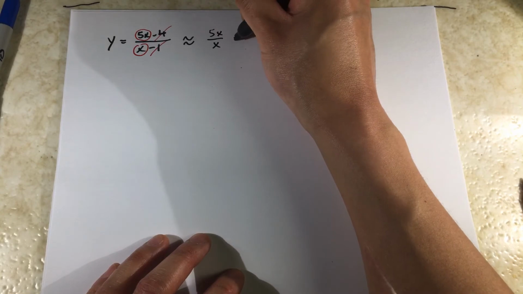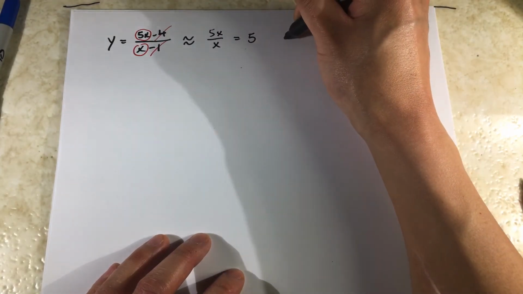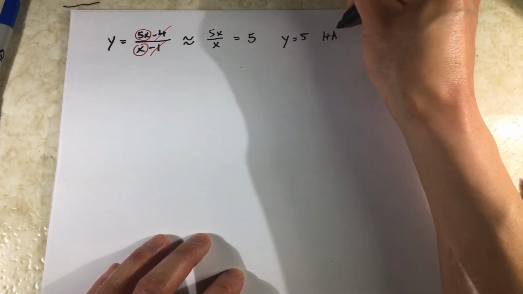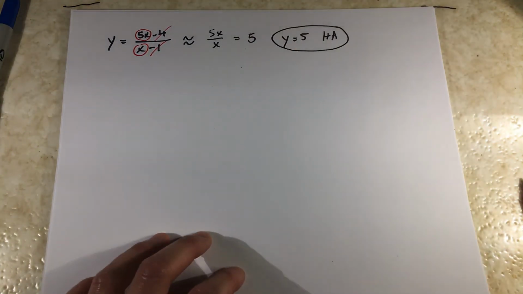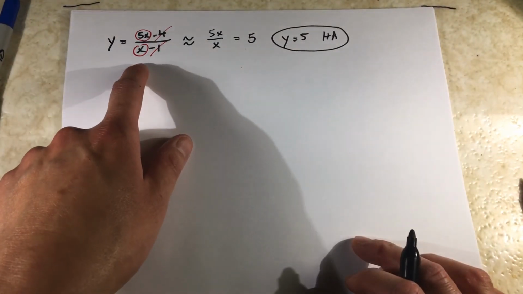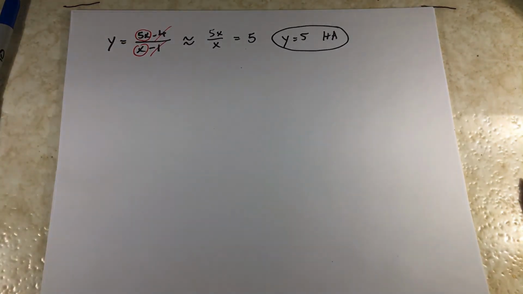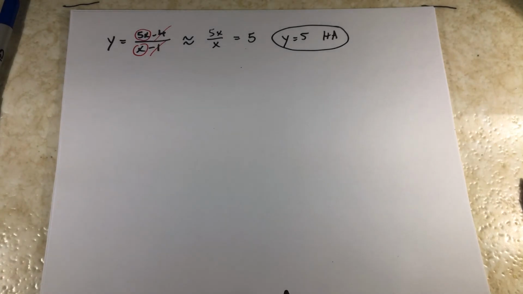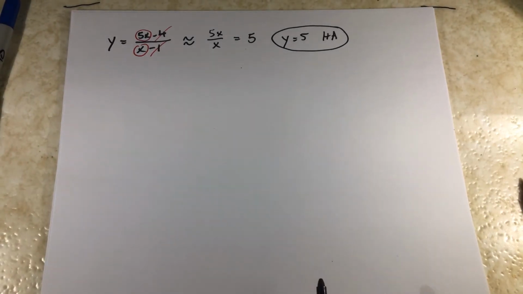These x's cancel to give me 5, which means that y equals 5 is my horizontal asymptote. That's literally all we're going to do: keep the highest power of x in our numerator and in our denominator, and get rid of all the other terms. That's the strategy we're going to use.